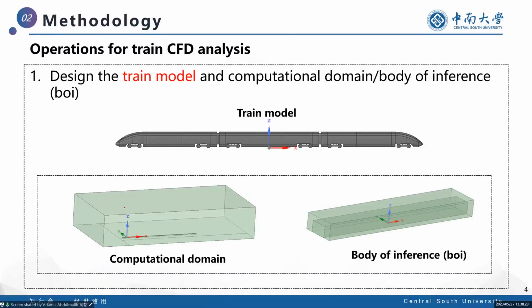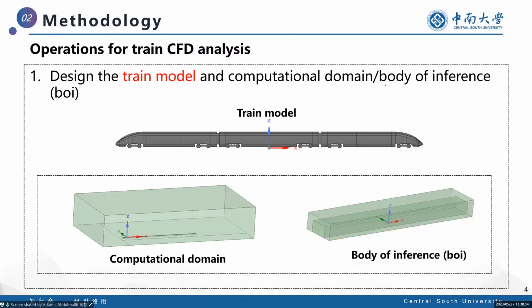So this is the computational domain here, as you can see in this picture. And this is the train model. And apart from that, we are going to design a body of influence. Okay, this body of influence helps us to give different mesh sizes on different parts of the train or of the computational domain.